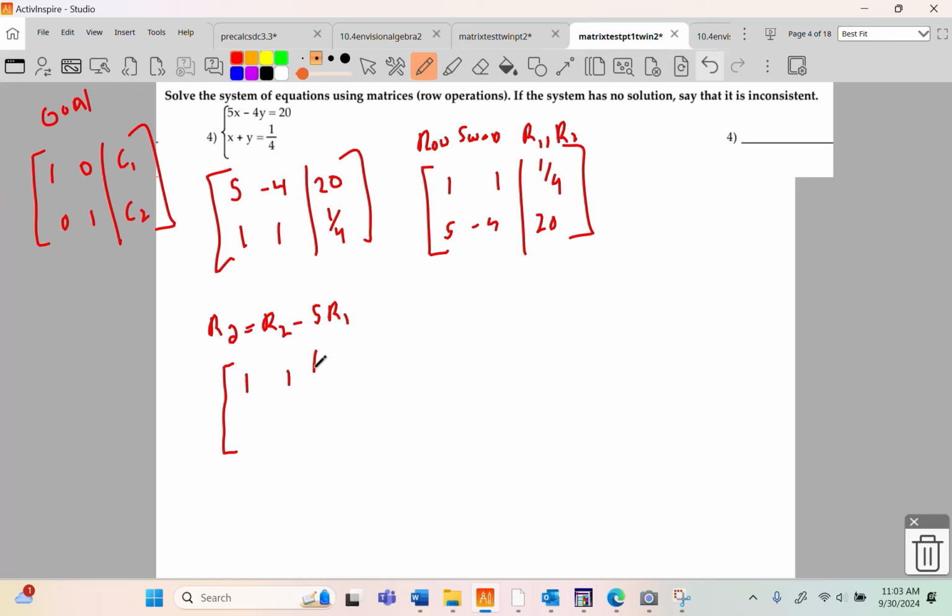So 1, 1, 1/4. 5 minus 5 1s is, last I checked, 0. -4 minus 5 1s is -9. And now I'm doing 20 minus 5 quarters. It's going to be 80 over 4 minus 5 over 4, which is 75 over 4.